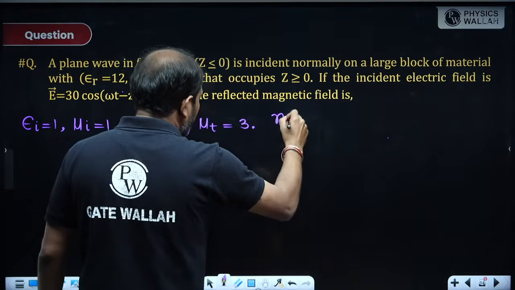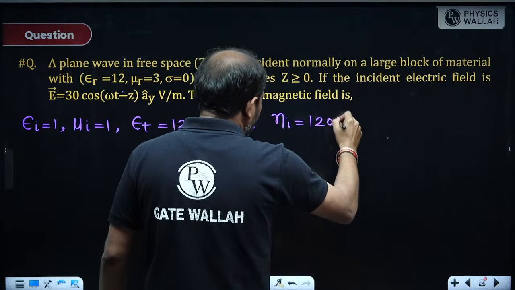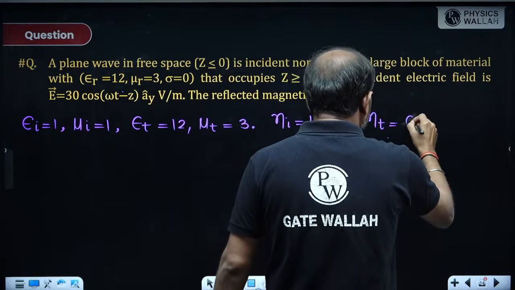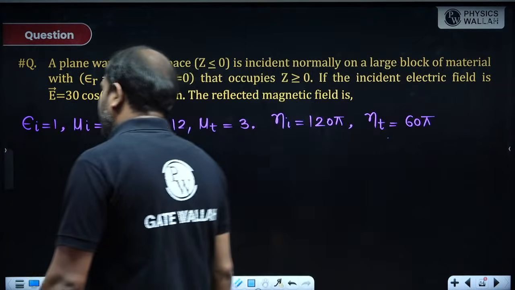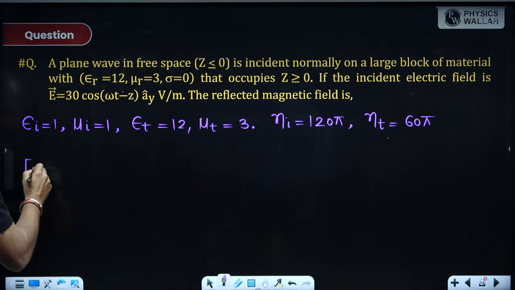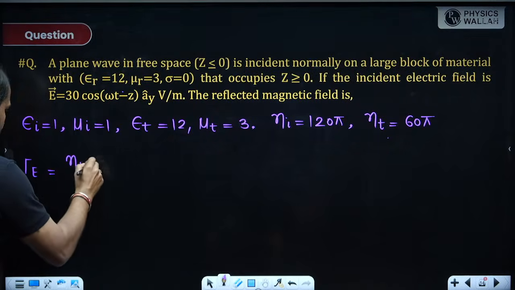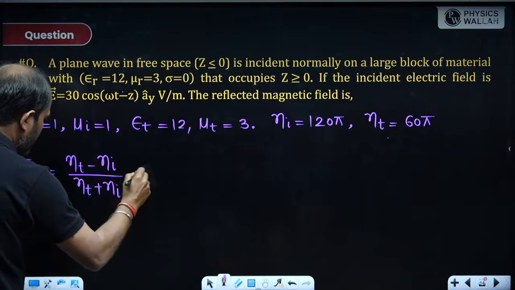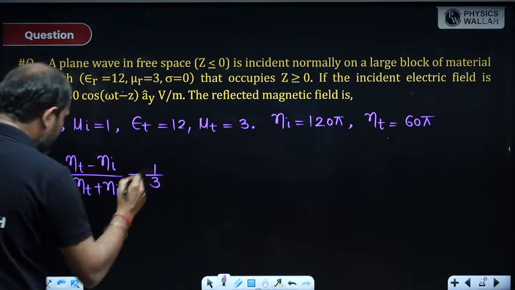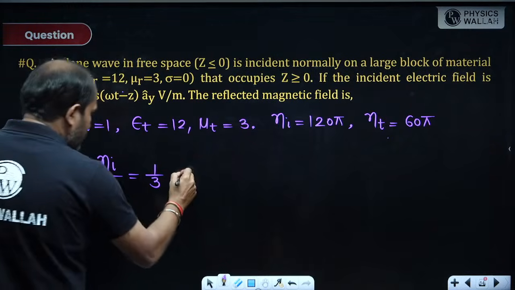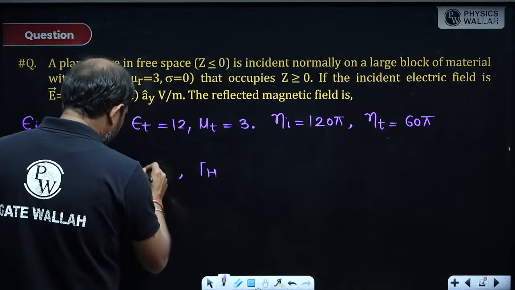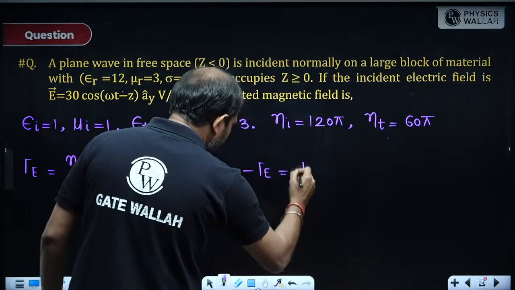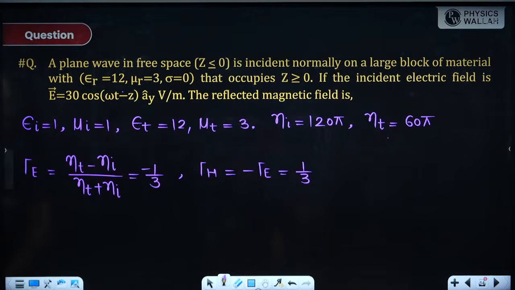Then eta I is equal to 120 pi, eta T is equal to 120 pi times root 3 by 4, so it will be 60 pi. Then gamma E is equal to eta T minus eta I over eta T plus eta I. So it will be minus 60 divided by 180, so minus 1 by 3. Then gamma H is equal to minus gamma E, so 1 by 3. So we have calculated gamma H.